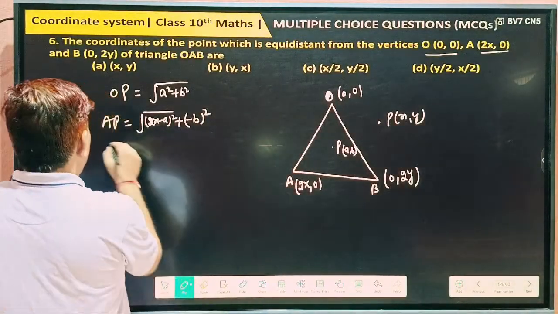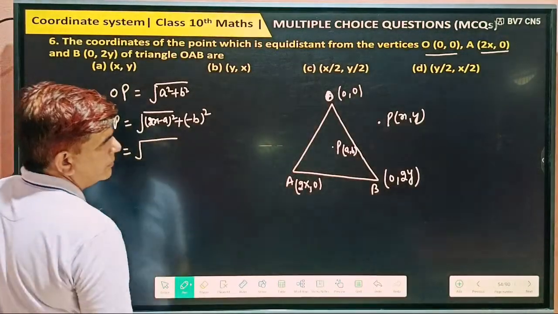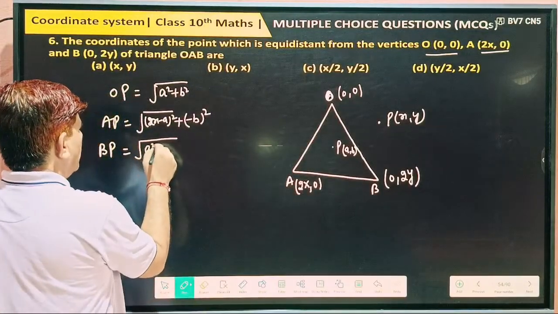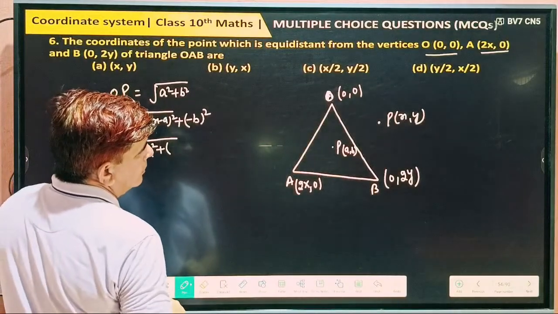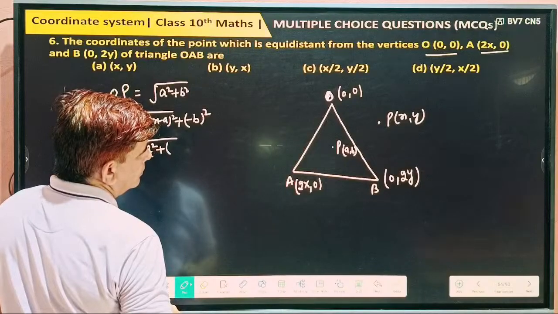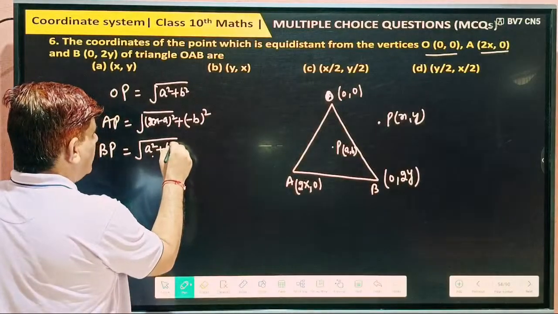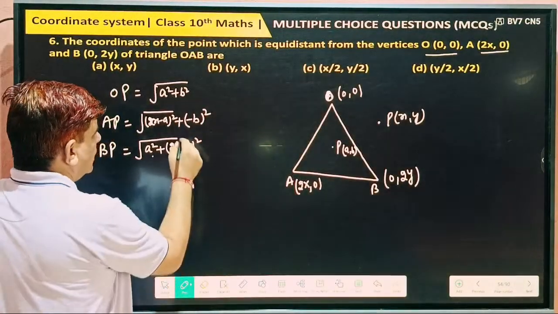Similarly, BP equal to under the root a minus 0 a square plus 2y minus b whole square under the root.